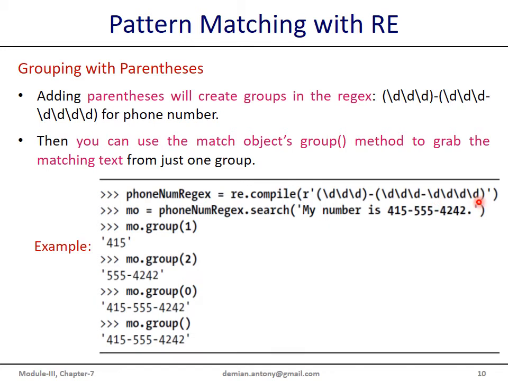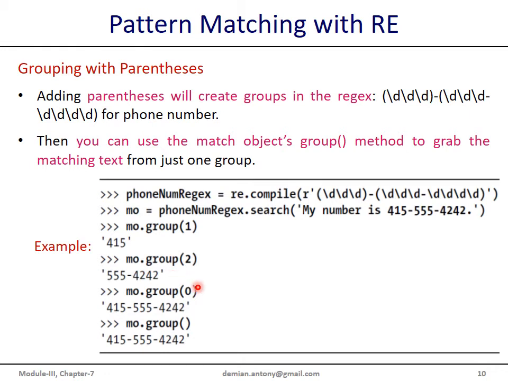With the help of parentheses, here we are creating 2 groups, and then we apply the search method on the regular expression object, which will create the match object, and from there we can access the individual groups with the group method. And group(1) retrieves the first group in the first match, and group(2) will retrieve the second group of the matched pattern.